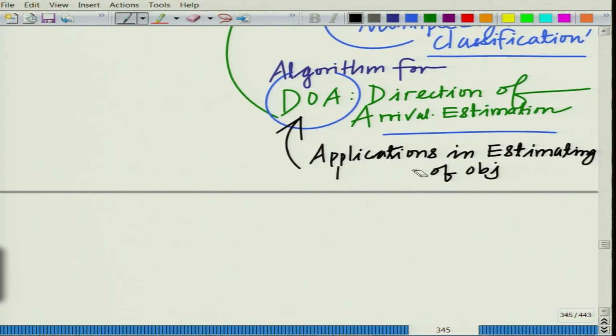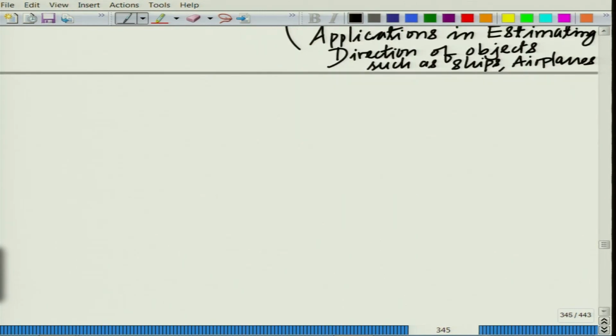Or we can simply say estimating the direction of objects such as, for instance, ships or airplanes, etc.